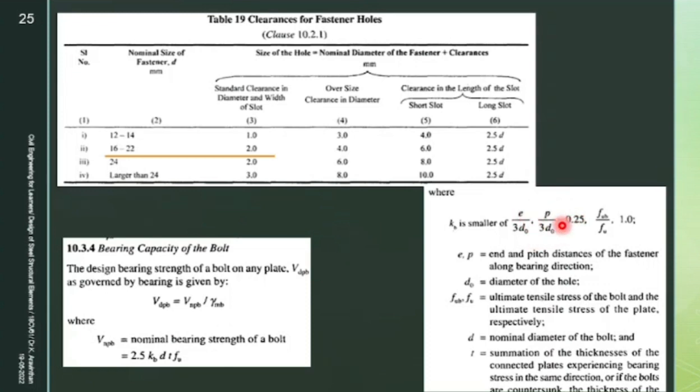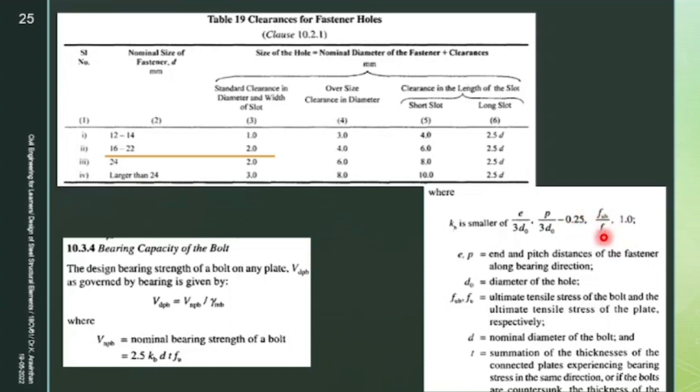What is your pitch answer? 40 divided by 3 into 18. 0.74. Okay. Now the minus 0.25. Here you have minus 0.25. 0.75 minus 0.25. 0.49. Then your third answer is FUB by FU.